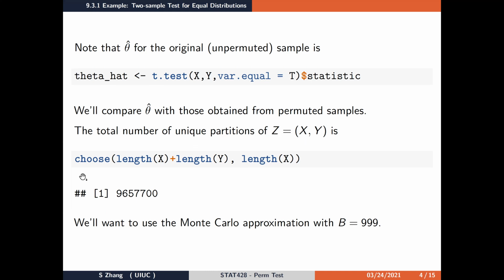Well, this is simply 26 choose 14, and that's equal to something really large. We definitely do not want to consider all of the possible partitions in this case, and we'll want to use the Monte Carlo approximation, and let's choose B equals 999.